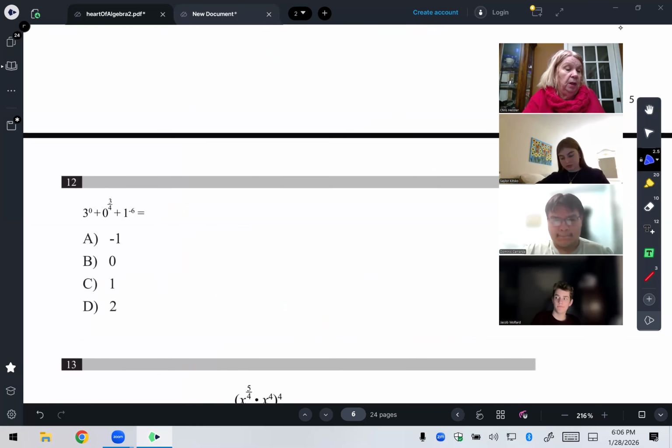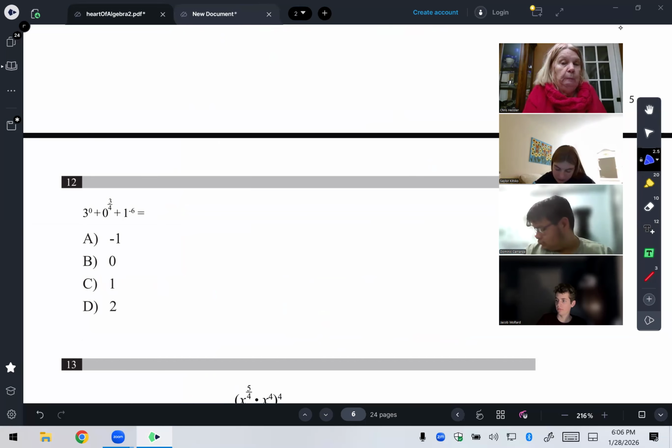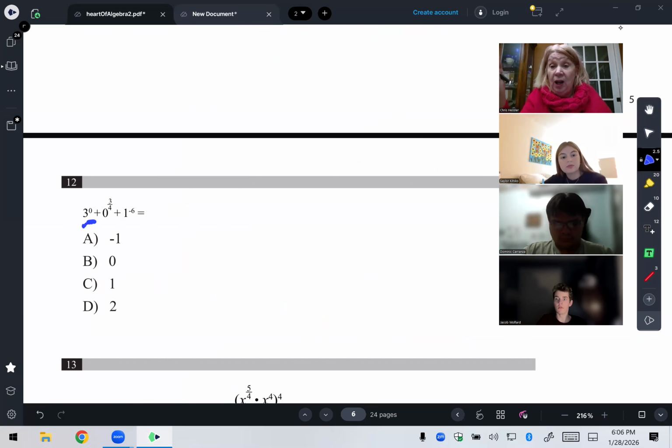Okay, we're going to try some here. If you were in a live classroom, any number to the 0 power is 1, right? So this is 1. 0 to anything is 0.